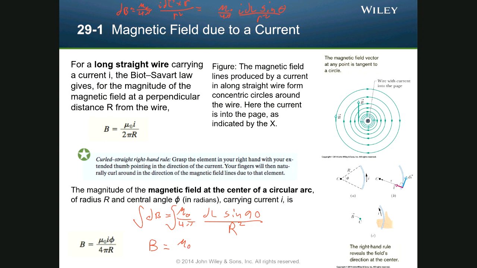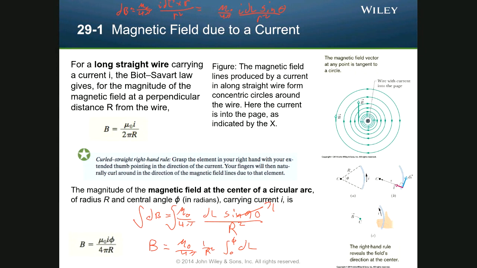Sine 90 is 1, thankfully, so we don't have to write that again. Mu naught over 4 pi, and then we'll have 1 over r squared, because that's also a constant, times the integral from 0 to phi of dl, right? Because that's the length of that arc.